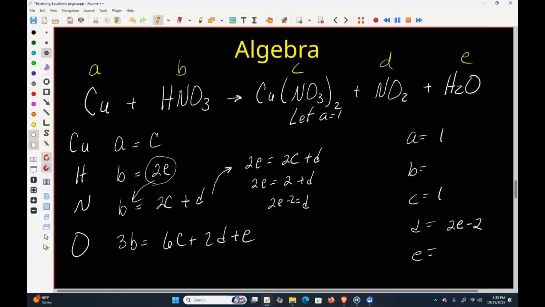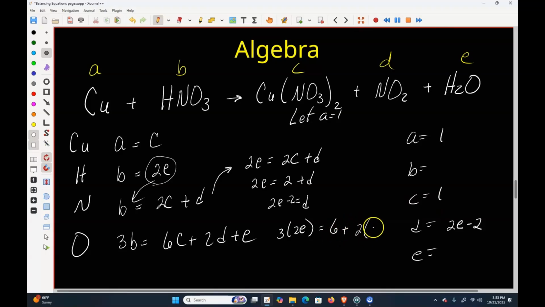All right, let's take the next equation. I know that B is equal to 2E, so it's going to be 3 times 2E equals 6 times 1 plus 2D.